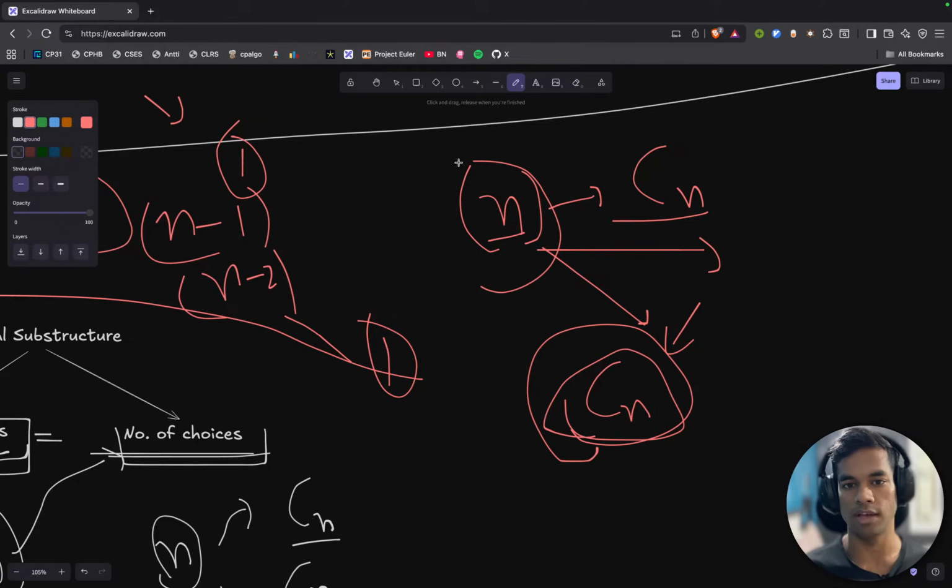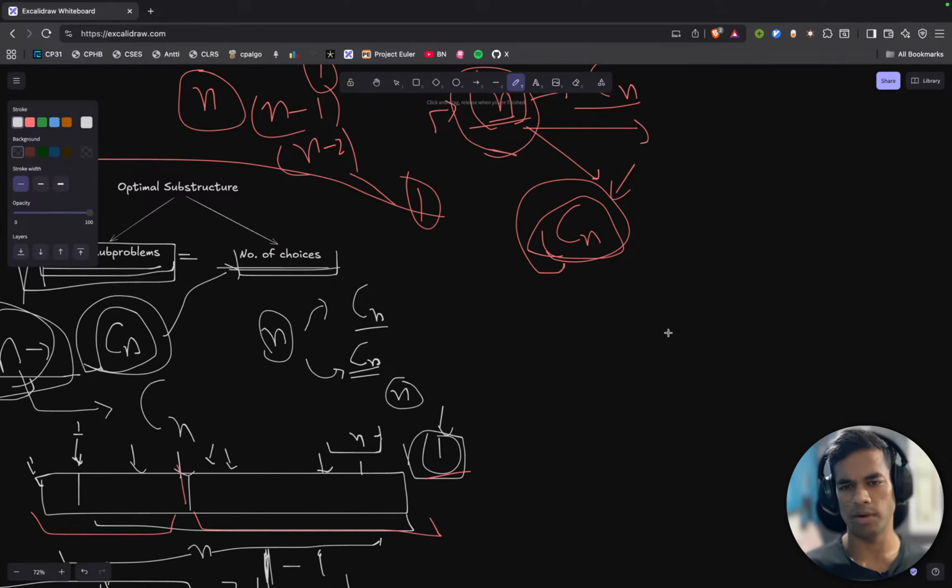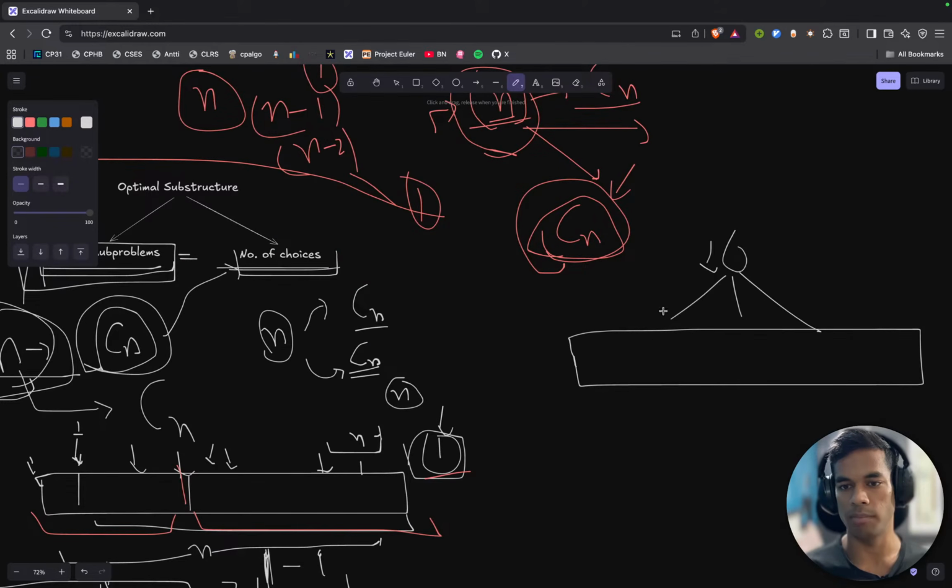We are just saying on how many subproblems this n problem depends on. So at one particular level, at one particular layer, how many subproblems does a given problem depend on?